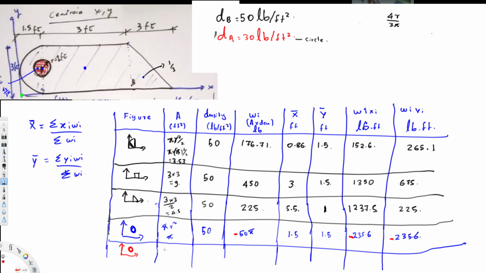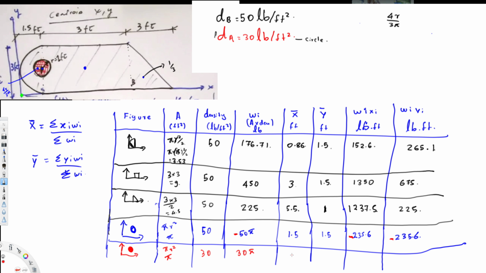So it's going to be πr², same thing. The radius is 1, so it's going to be π. But this time I'm going to put 30 as my density because we are adding the new material, that is density 30. Then wi is basically the multiplication of these two. This comes out to be 94.